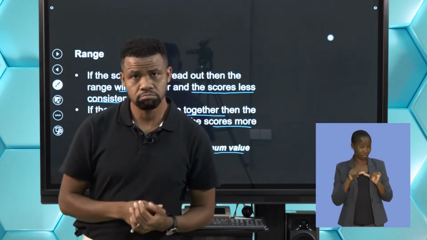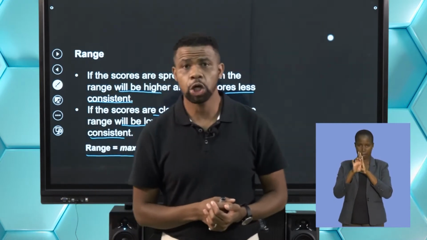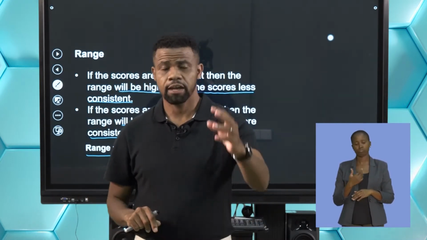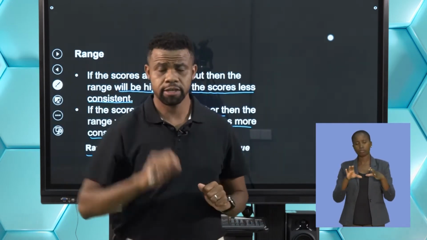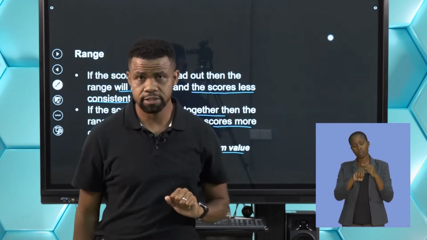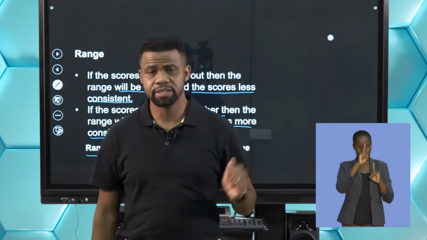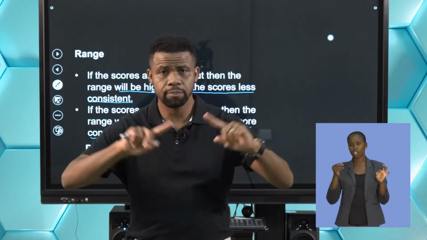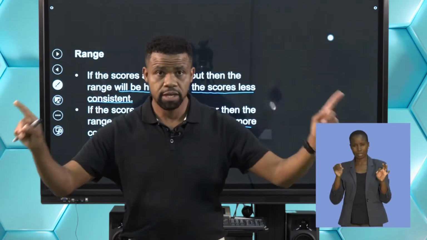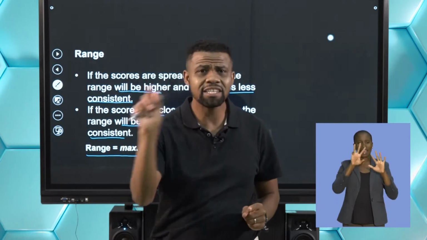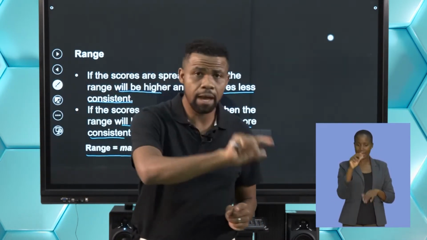For example, if I go to your class and I find that Johnny is getting 100% for the test and Thomas is getting 10%, if I minus the two, I'm getting 90. There's a 90% gap between the two of them.